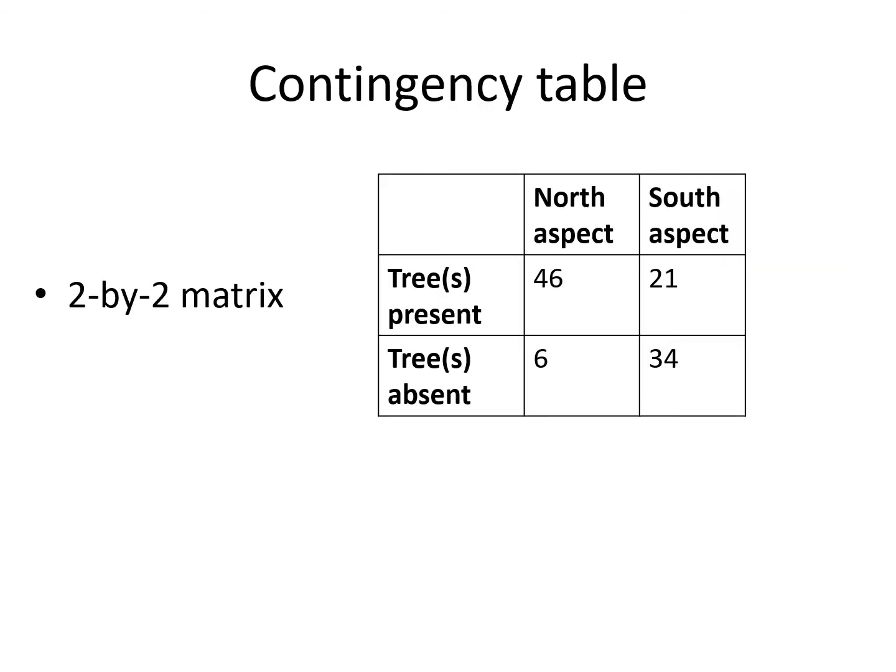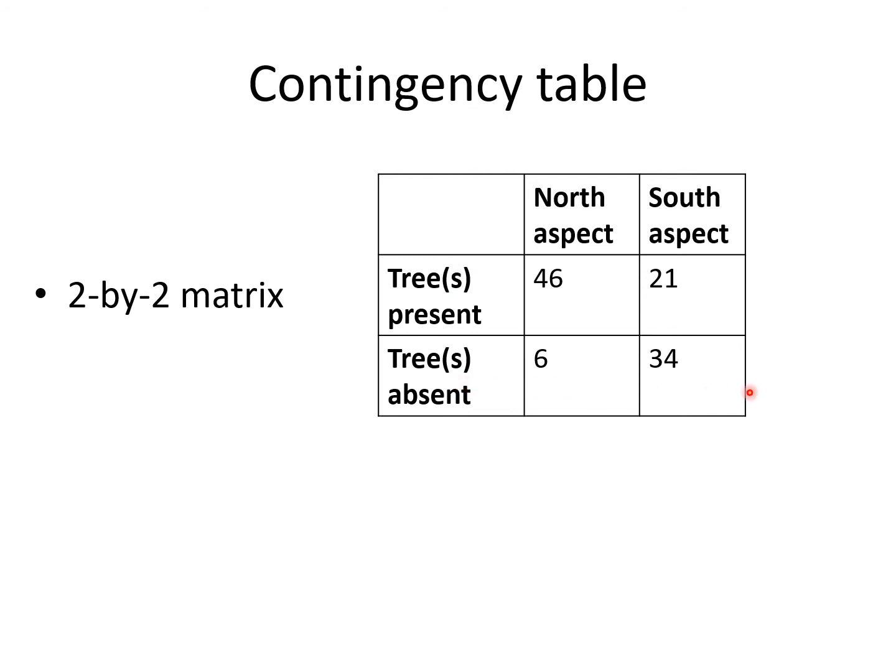So, the simplest way to represent this type of data is in a contingency table. This table here already summarizes those 107 quadrats into just a matrix of 2 rows by 2 columns. We'd call this a 2 by 2 contingency table, and the 2 comes from the fact there are just 2 categories for aspect and just 2 categories for tree occurrence.